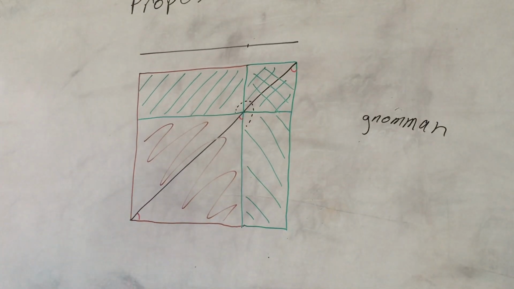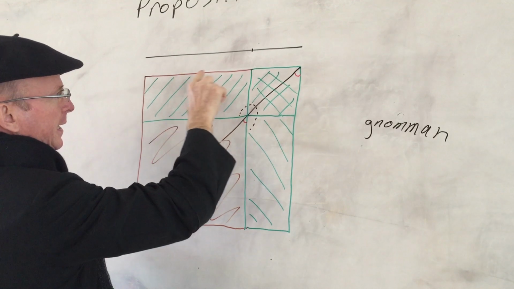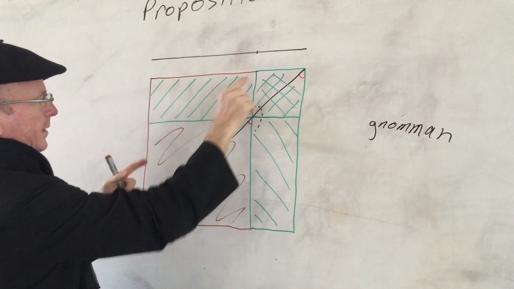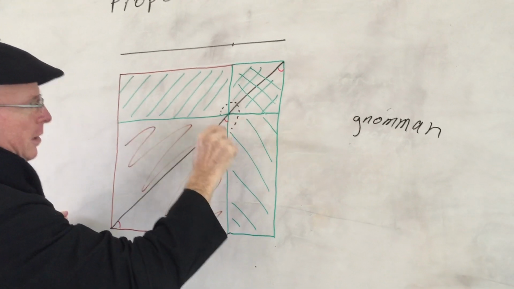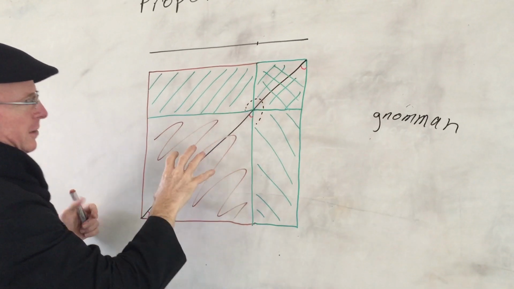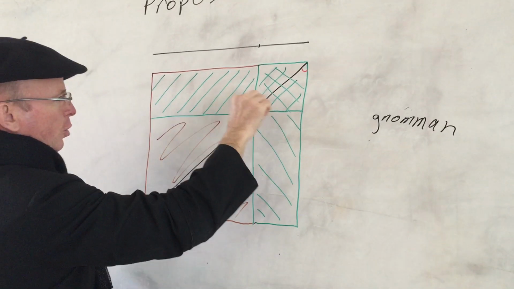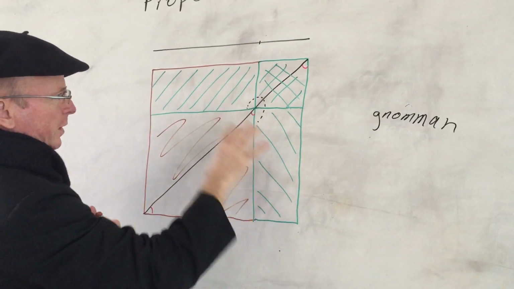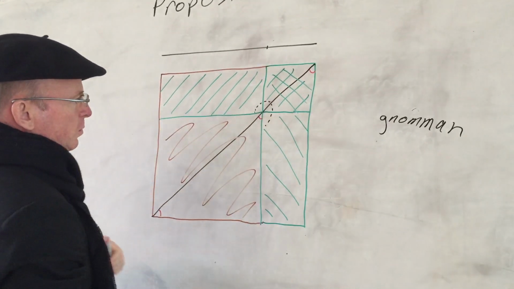Okay? So, twice the rectangle contained by this and this plus the square on this is equal to the gnomon plus the square on this and the square on this. Great. But the gnomon plus this is this big old square.